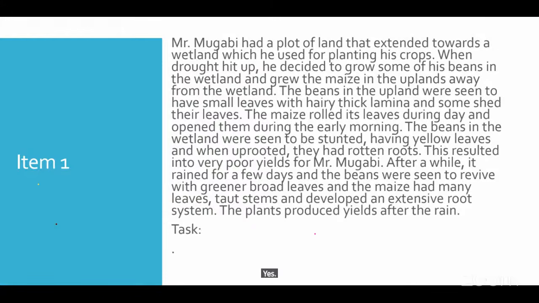Yes, so for item 1, part A, they're saying explain how the conditions affected the normal functioning of the plants in the uplands. You notice the plants in the uplands rolled their leaves during the day and opened them during the early morning. So this was obviously due to high temperatures.